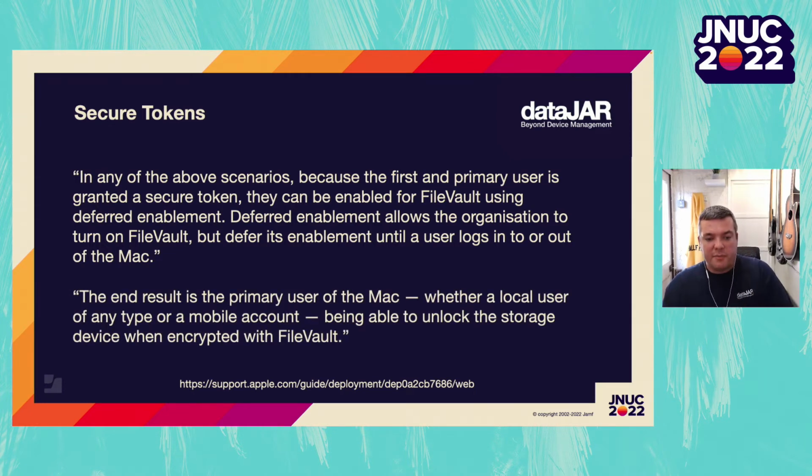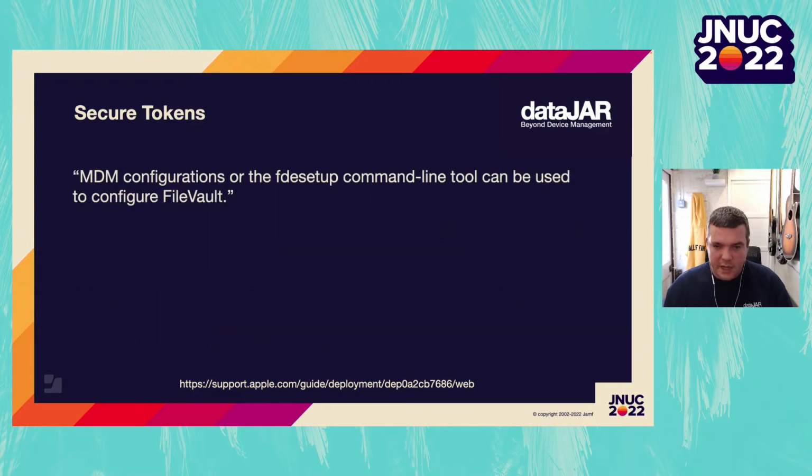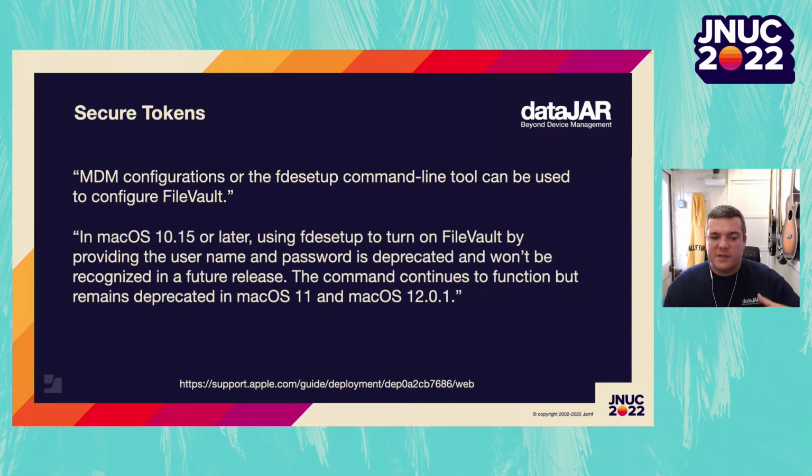The end result is the primary user of the Mac, whether a local user or a type of mobile account, being able to unlock the storage device when encrypted with FileVault. Again, more details. MDM configurations or the fdesetup command line tool can be used to configure FileVault. But on macOS 10.15 or later, using fdesetup to turn on FileVault by providing username and password is deprecated and won't be recognized in a future release.